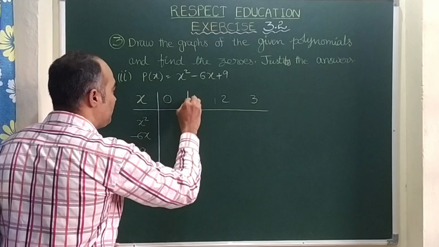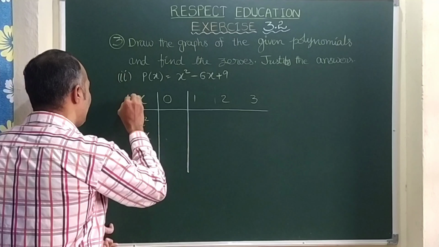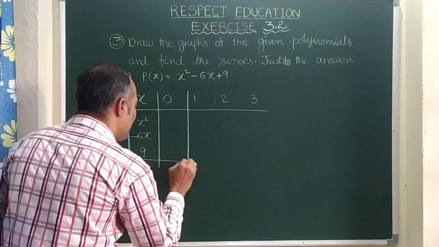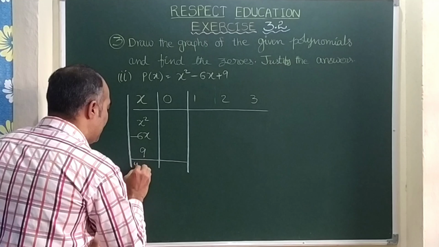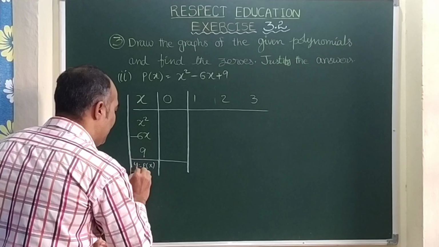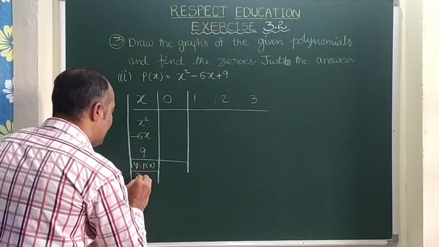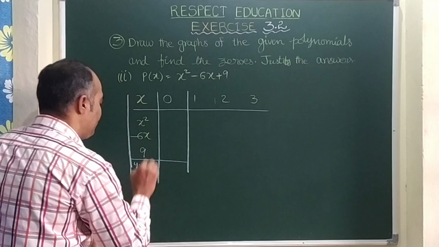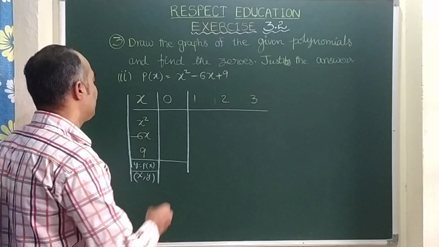Now let us make some columns. First column. This is the value I am taking as y, nothing but p of x. And this blank is for taking ordered pairs x comma y. So we can start now.